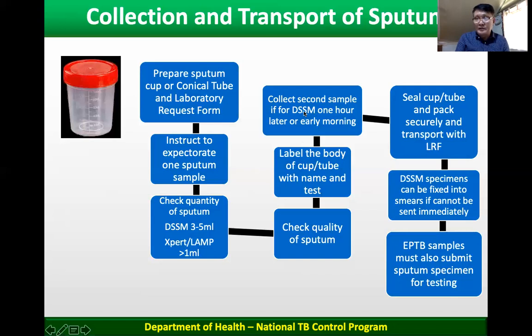And if there's a need for the second collection, second sample, it can be collected 1 hour apart, or it can also be collected early morning at the house of our patient. So we seal the cup and the tube and pack securely and transport with the laboratory request form.